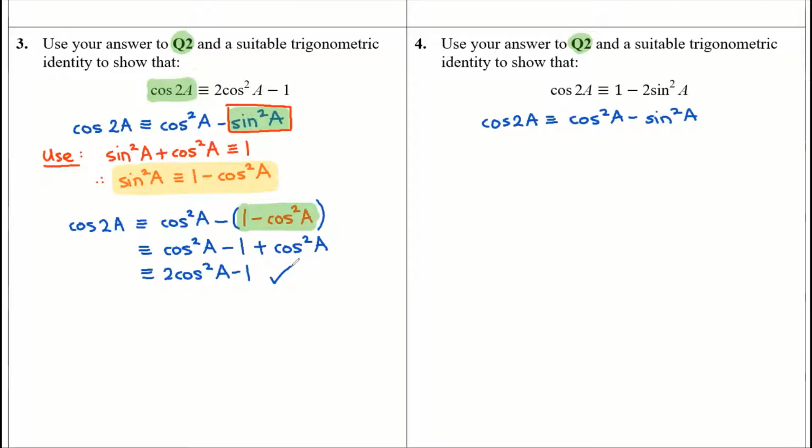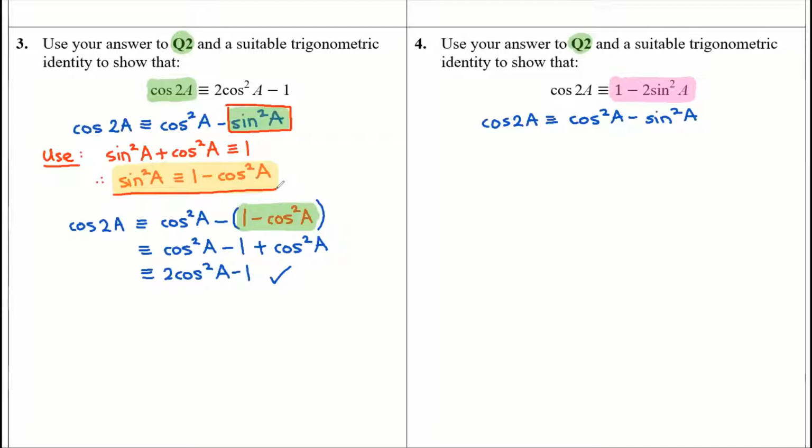So this time we're going to do the same thing, but we want everything in terms of sine squared now. And you'll see the utility of this later. So we want sine squareds everywhere. We've got our double angle identity from question 2, and we've also got the identity from year 1 that we've been using for a long time now.